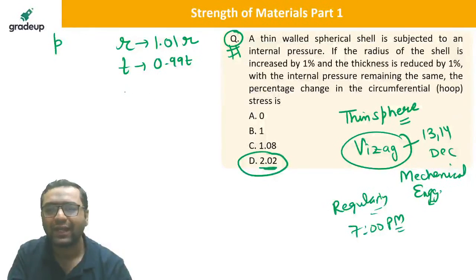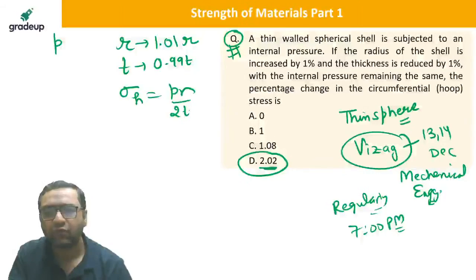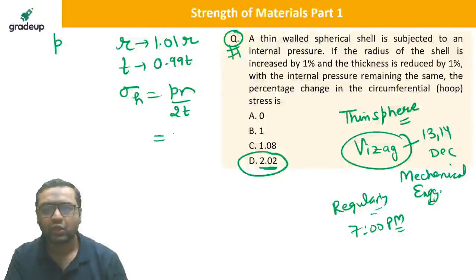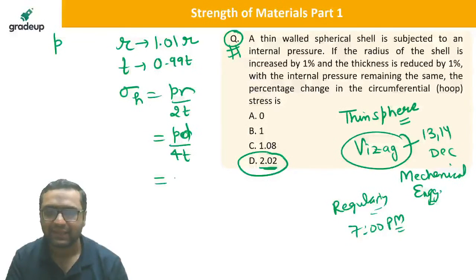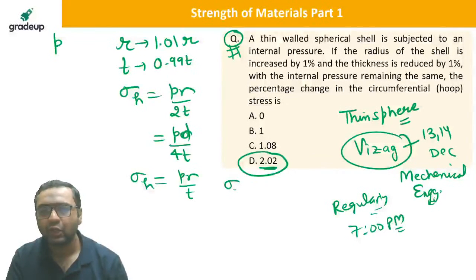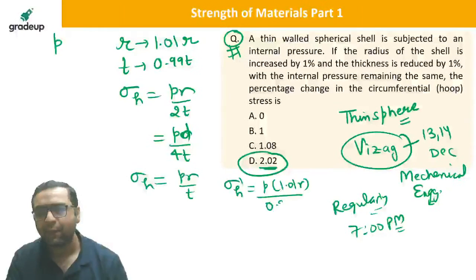So dear, you know that the hoop stress is PR by 2T for a sphere. So it can also be written as PD by 4T. So as we know the radius, this is the hoop stress PR by T. The new hoop stress is P, radius is 1.01 R divided by 0.99 times of T. So you need to find out the percentage change.